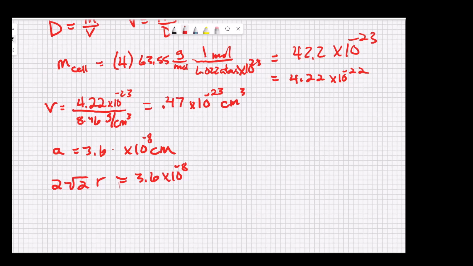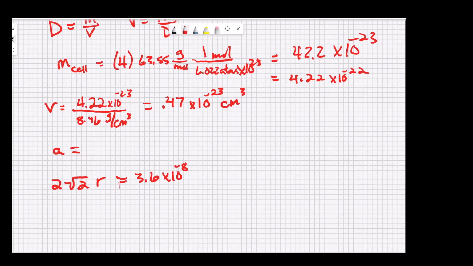Well, think about that. 4.22 divided by 8.96, that's roughly a half, right? And the 10 to the minus 23 is still there. So this could be 4.7 times 10 to the minus 24. Now take the cube root of 0.47 times 10 to the minus 23.